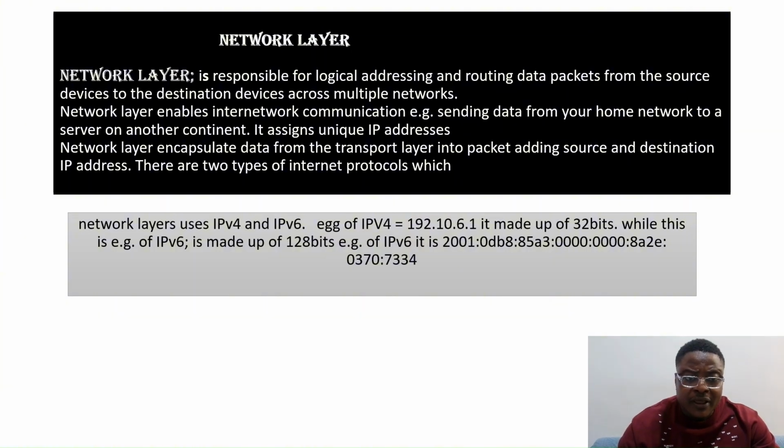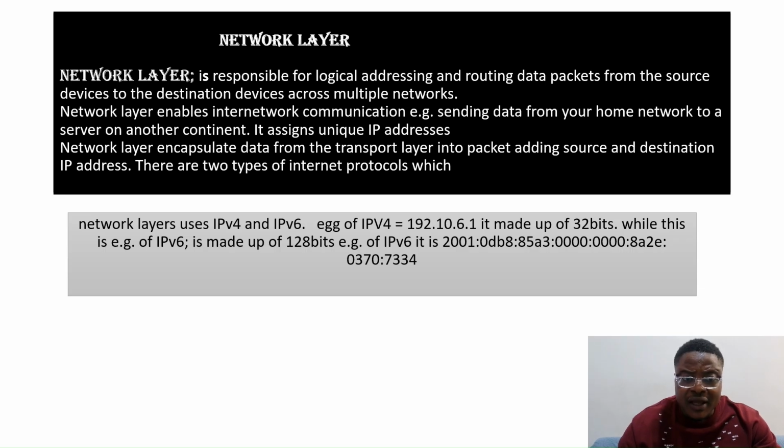The network layer is responsible for logical addressing and routing data packets from the source device to the destination device across multiple networks. The network layer enables inter-network communication, for example, sending data from your home network to a server on another continent. It assigns unique IP addresses.